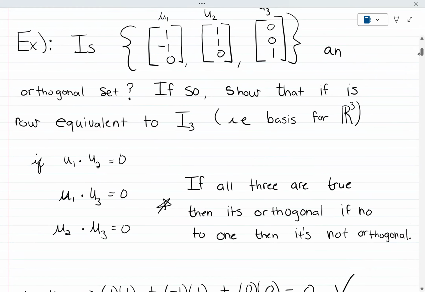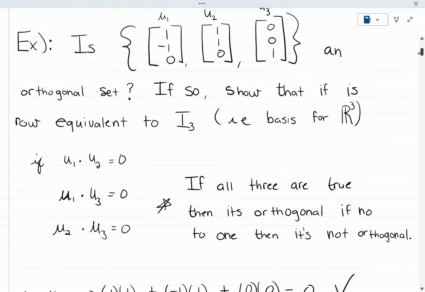First, you must prove that the dot product of u1 and u2 is 0, and then the dot product of u1 and u3 is 0, and then the dot product of u2 and u3 equals 0. If all three are true, then it is orthogonal. If it fails one, then it's no longer orthogonal.